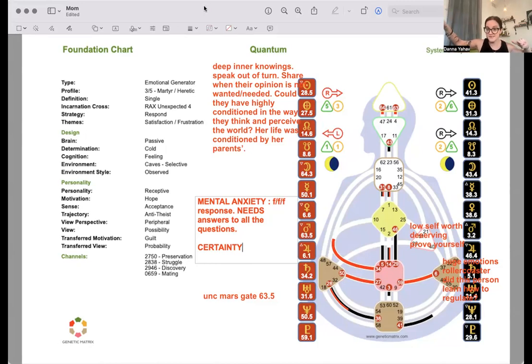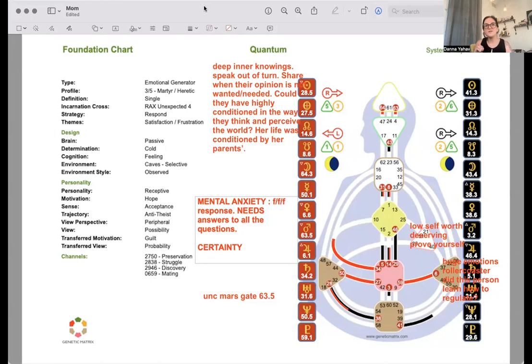But our undefined centers affect our definition. Let me say that again. The conditioning in our undefined centers affects our definition, which means that our definition becomes dysfunctional energy based on the conditioning that we have taken in from our openness, anywhere where we're open, right?